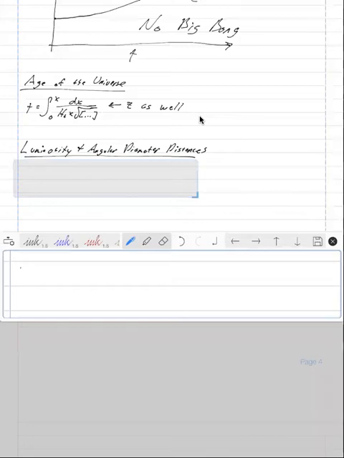I'll just remind you that the typical time scale is of order 1 over h naught. And so when we were calculating the age, we ended up with a dimensionless integral, and then we would just multiply it by 1 over h naught, and that gives you the age of the universe.